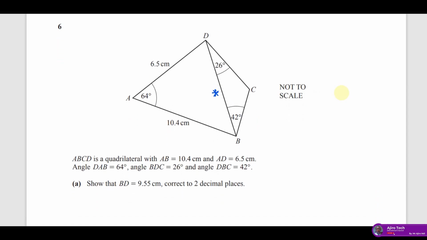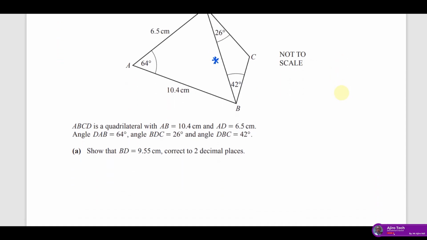Now to use cosine rule for this question, DB or BD squared is 6.5 squared plus 10.4 squared minus 2 into 6.5 into 10.4 cos angle 64. So this follows the cosine rule pattern.